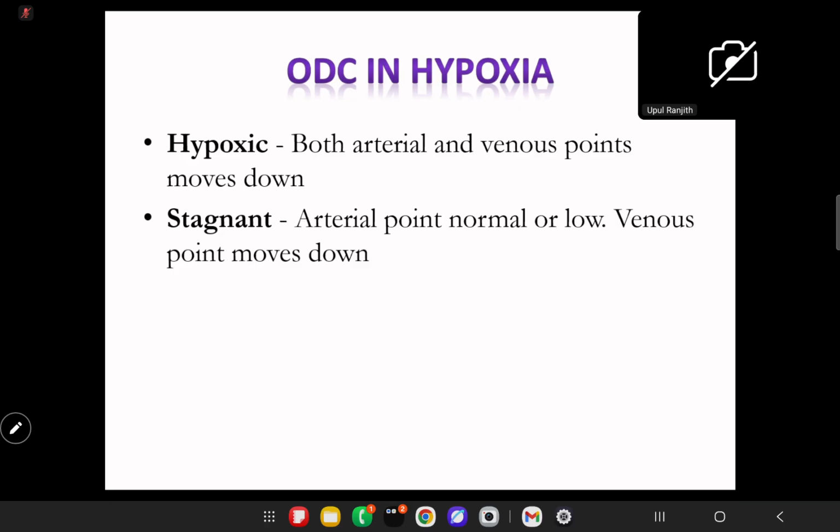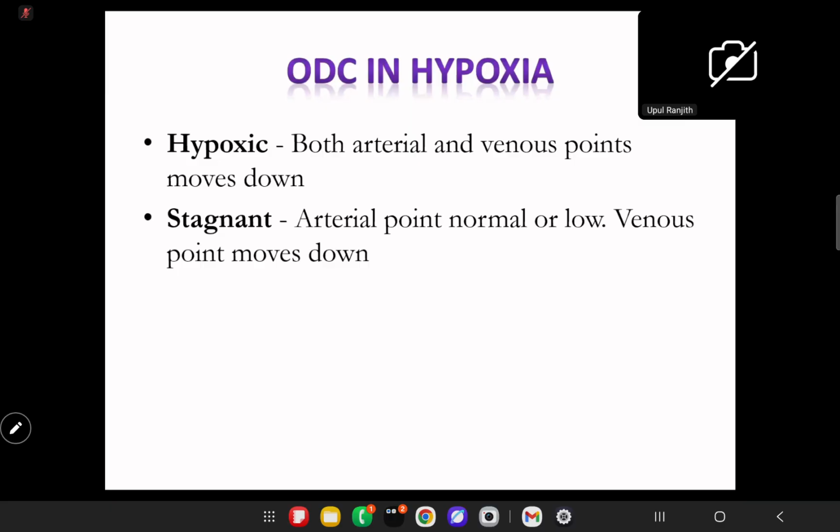On the other hand, blood spends more time in the lung, so more time is available for diffusion. Depending on which component is more severe, you will have either a normal or a lower arterial point.